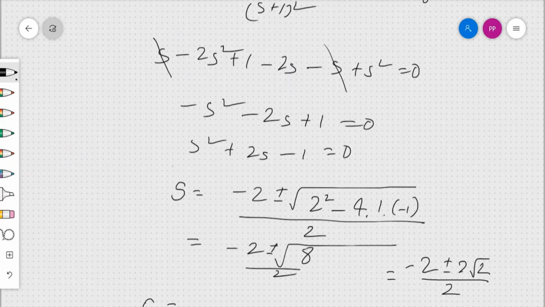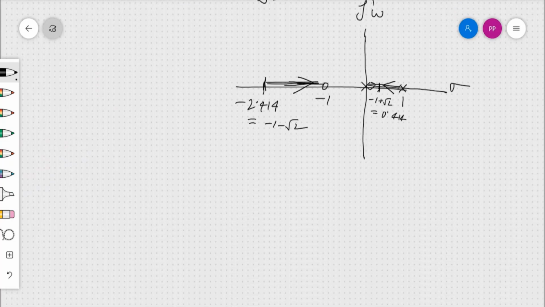So the next step is step 6. Step 6 is the crossing of imaginary axis through the Routh array.